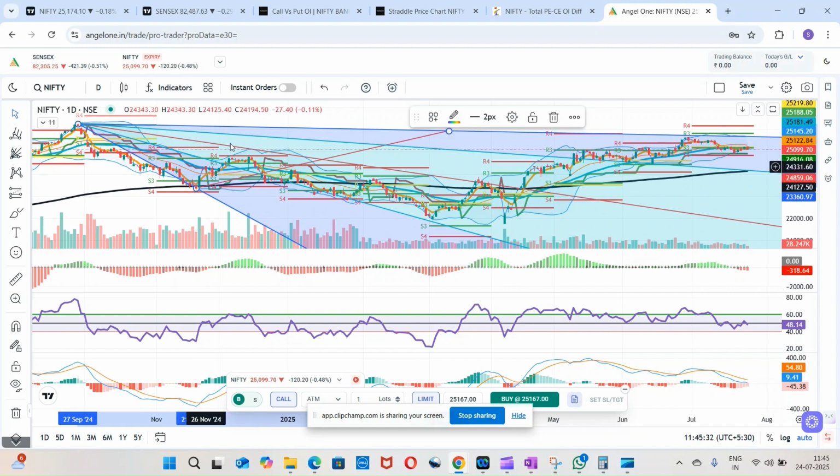These lines will help you understand the trend continuation or trend breakout. So it came here, went up to here, and the trend is continuing. Then here it took the support, went up, and the trend is continuing. So that's how this pitch fan will help you.